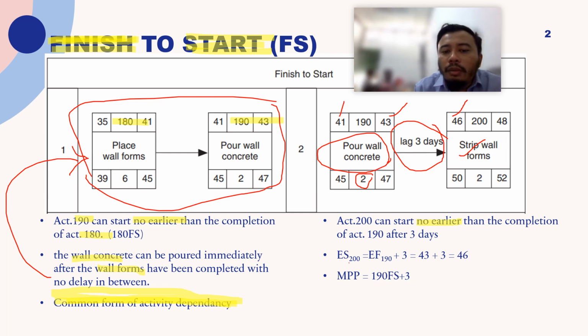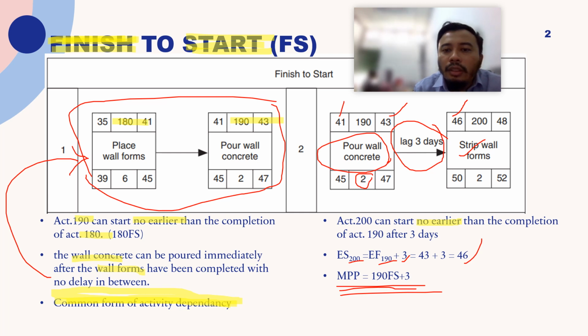So the early start of activity 200 is equal to the early finish of 190 plus 3. The earliest start of activity 200 is 46. In Microsoft Project, this type of relationship is defined in the predecessor column.